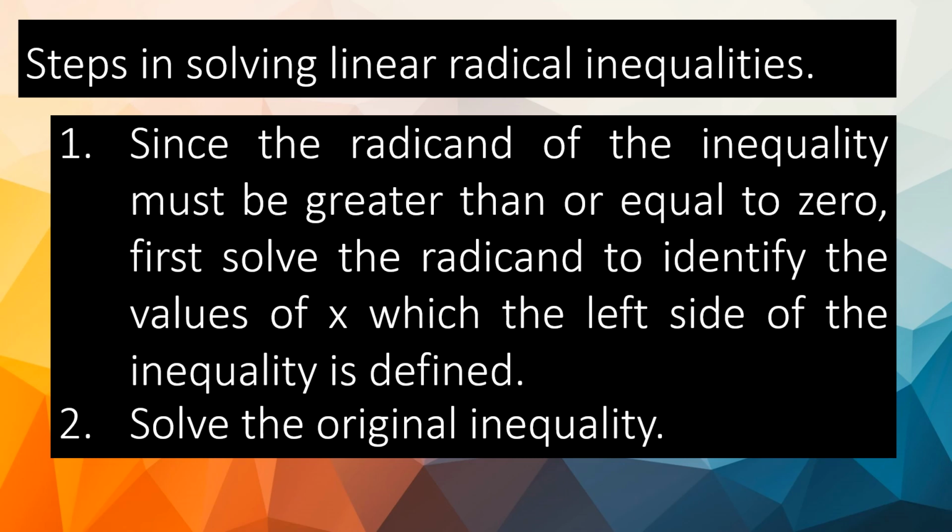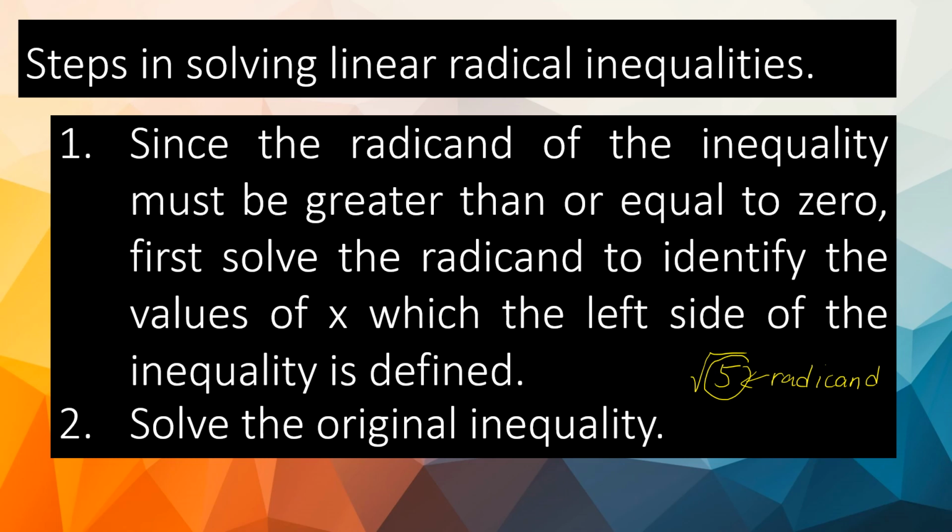So the radicand is the number inside your radical symbol. So let's say you have square root of 5. Okay, so 5 here is your radicand. Now, take note that the focus of our lesson is only on square roots.